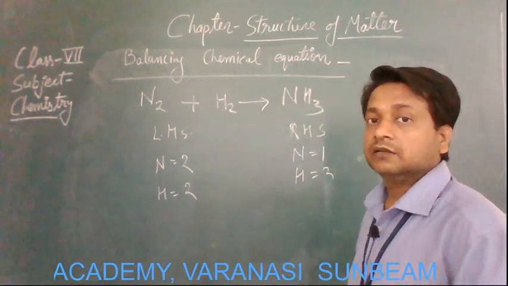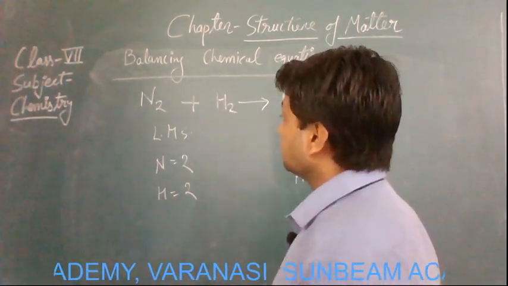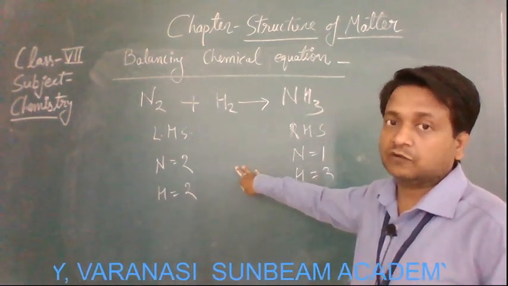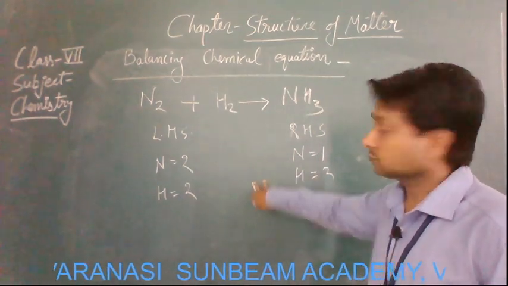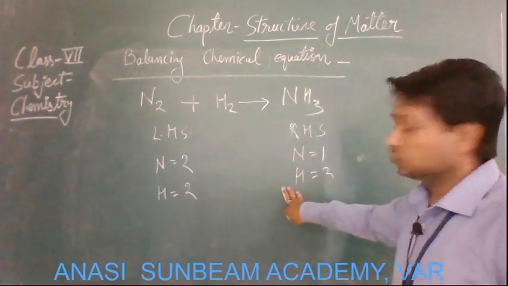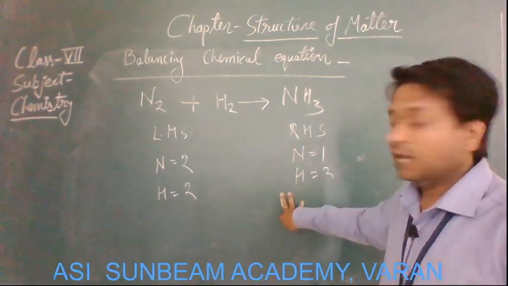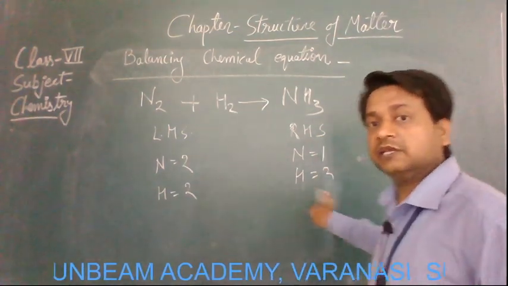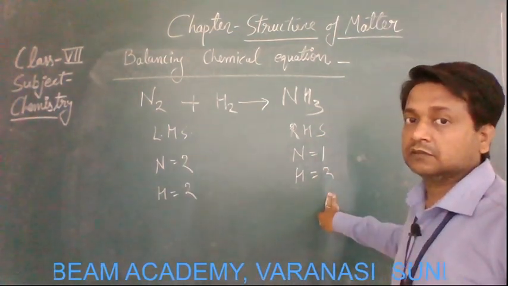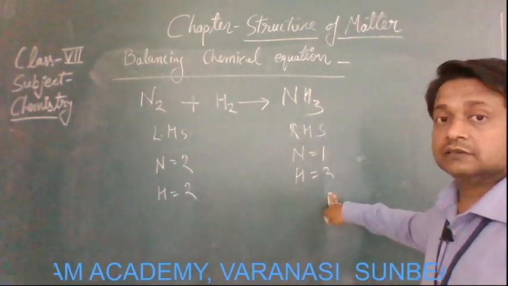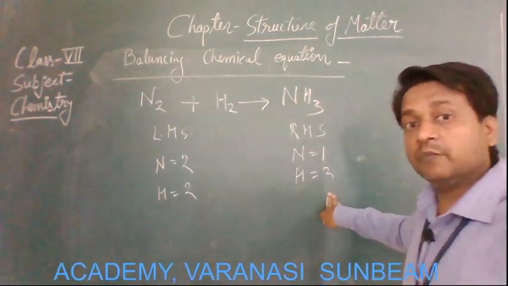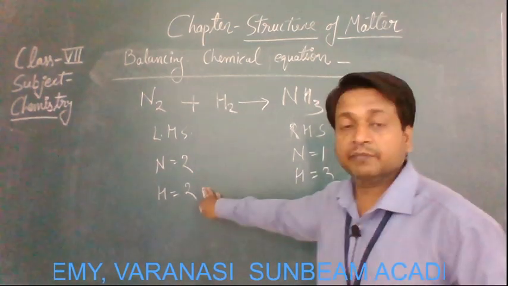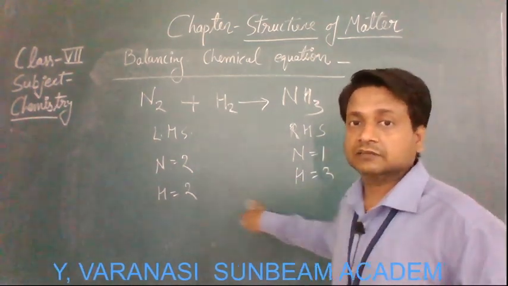First we'll look at the number of atoms required to balance both the elements, nitrogen and hydrogen. As hydrogen is 2 on the left hand side and 3 on the right hand side, we want to get a common number by which the hydrogen gets balanced on both sides.